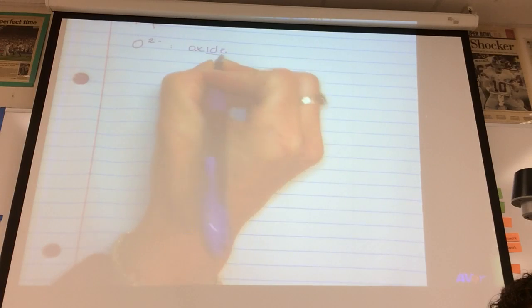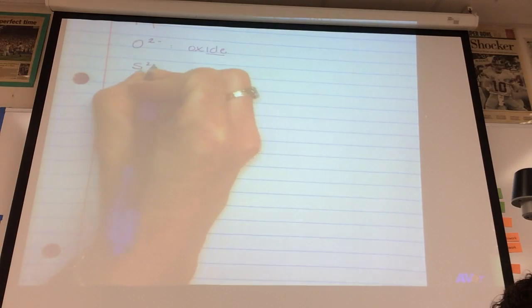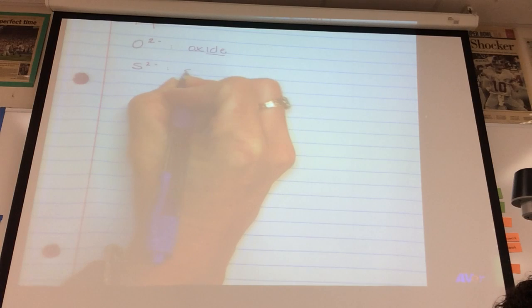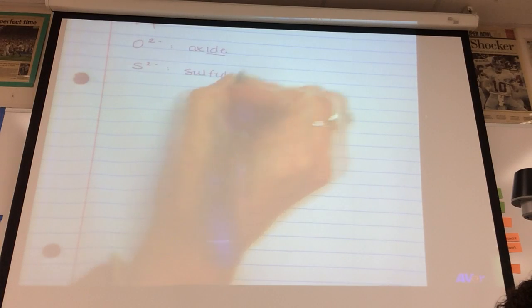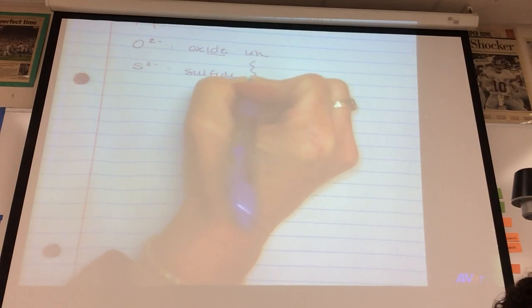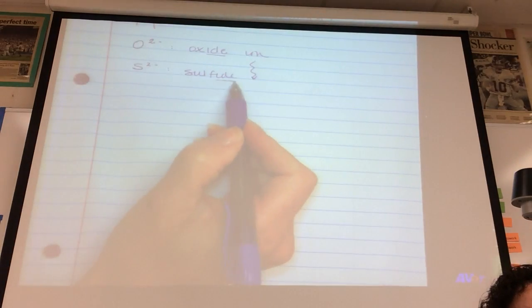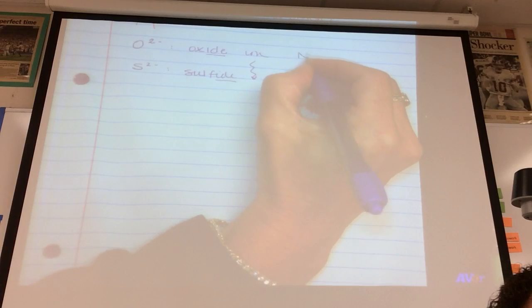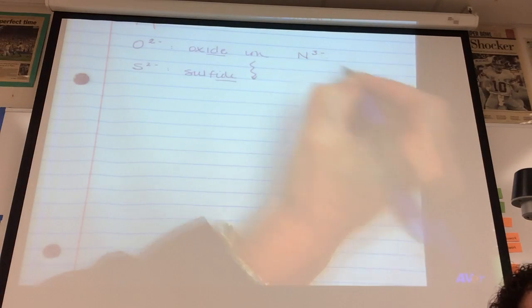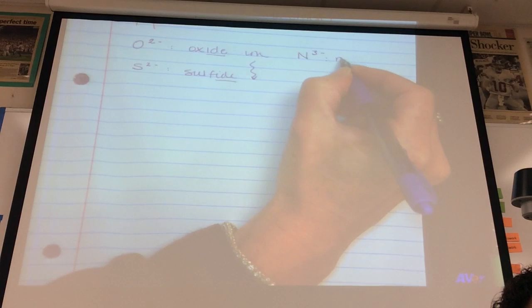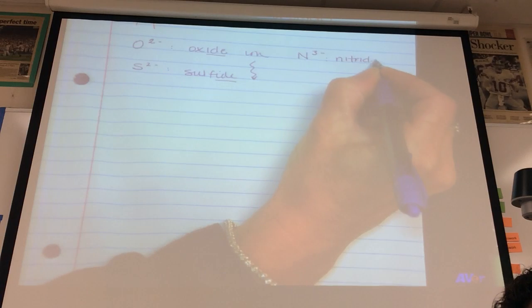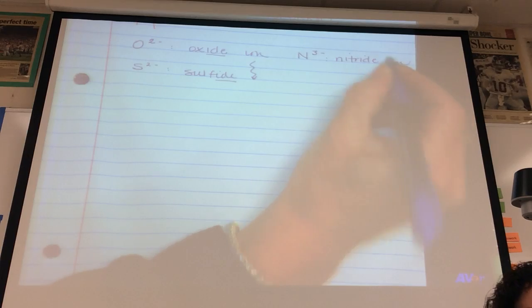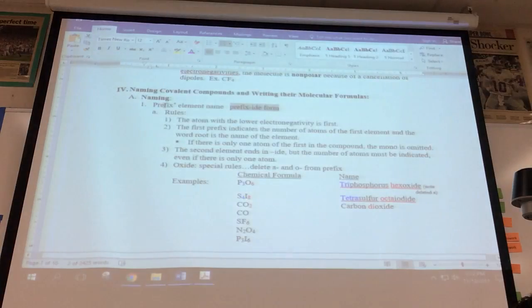These are the IDE endings. For example, S2 minus is sulfide ion. So these are the IDE endings that you learned previously. For example, what ion is this? Nitride ion, etc. So you're going to have prefix, element name, prefix, IDE form.